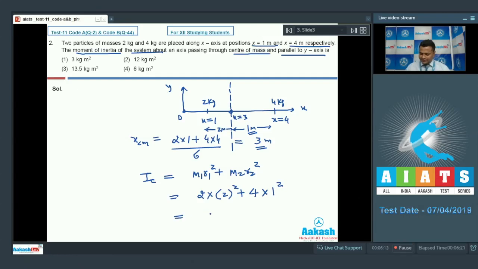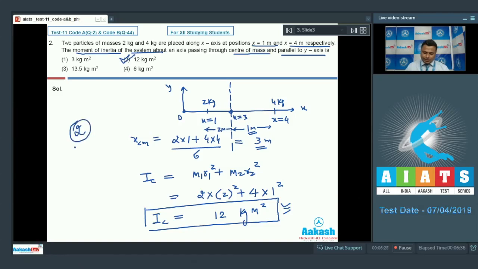After solving we'll get 12 kg meter square as moment of inertia of this system about its center of mass. So we can say that option number 2 is absolutely correct, so we will go with option number 2 only. Now move on to the next, that is question number 3.